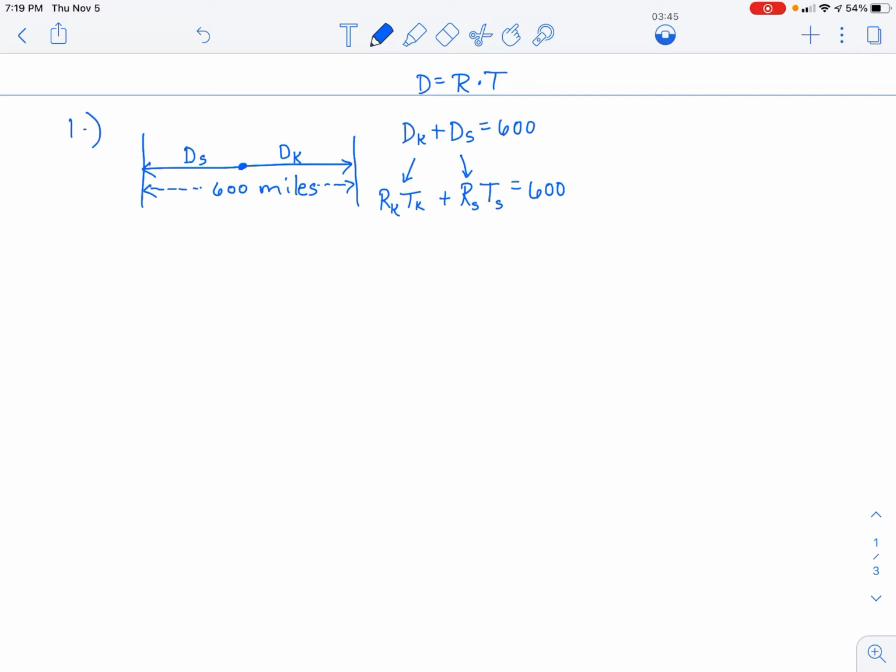So off to the right here, a little bit further, I'm going to write what I know. I know that the rate of the sister, if you look back at the problem, it says the rate of the sister was 5 miles per hour faster than Karen. So the rate of Karen plus 5 is the rate that the sister is traveling. She's going 5 miles per hour faster than Karen.